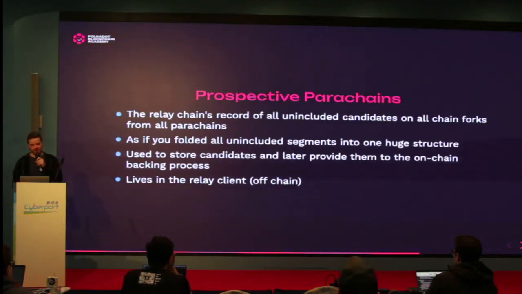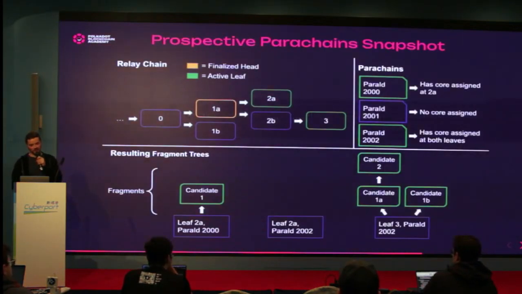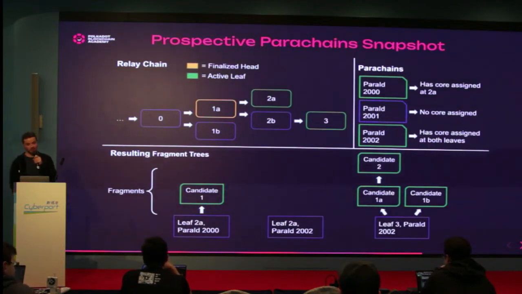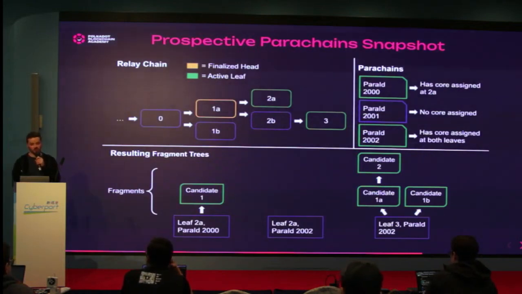So I have some diagrams to try to show what an example of prospective parachains might look like. So prospective parachains contains a bunch of these structures called fragment trees. Each fragment tree is composed of multiple unincluded segments for the same parachain. And fragment trees are rooted in the relay chain at active leaves.